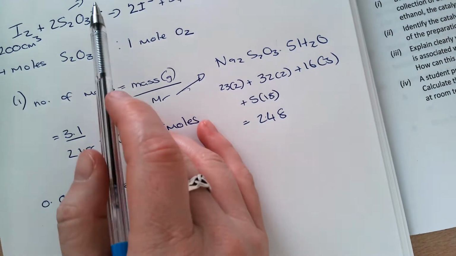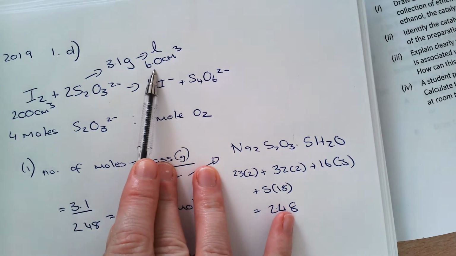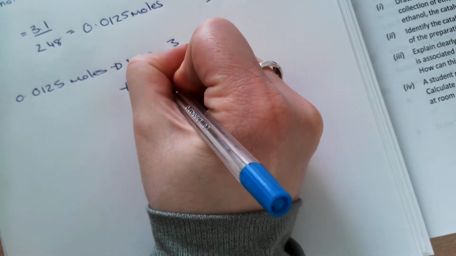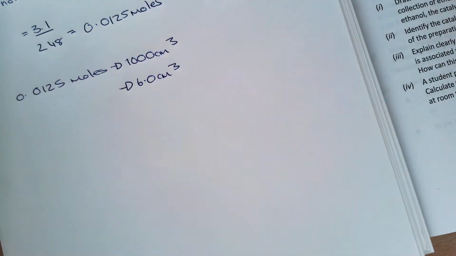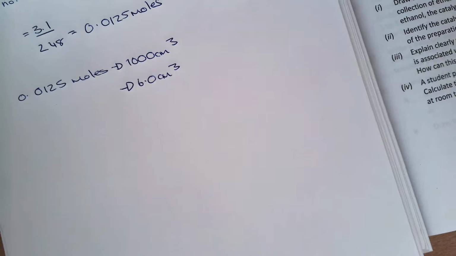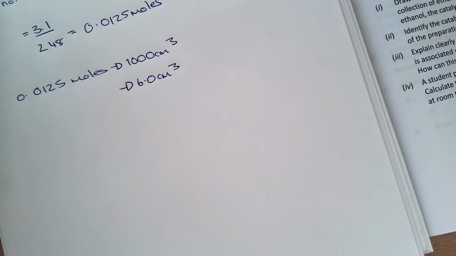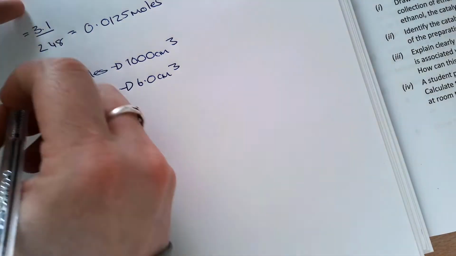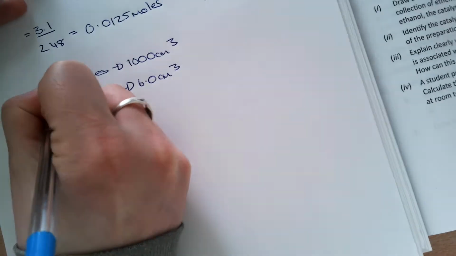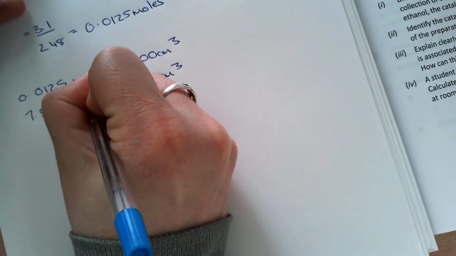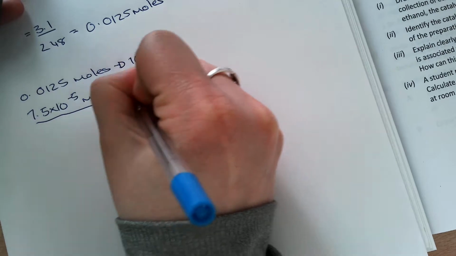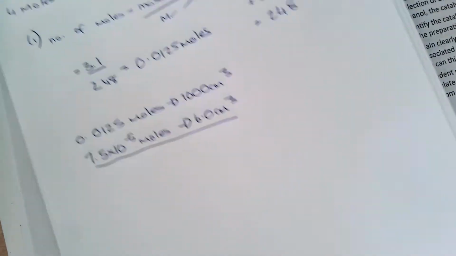My average titration, I've worked out from my question, is 6.0. So that's all I need to do here, work out the amount that's in 6. So 0.0125 multiplied by 6 divided by 1,000 gives me an answer for part 1 of 7.5 by 10 to the minus 5 moles. That's my answer to part A.